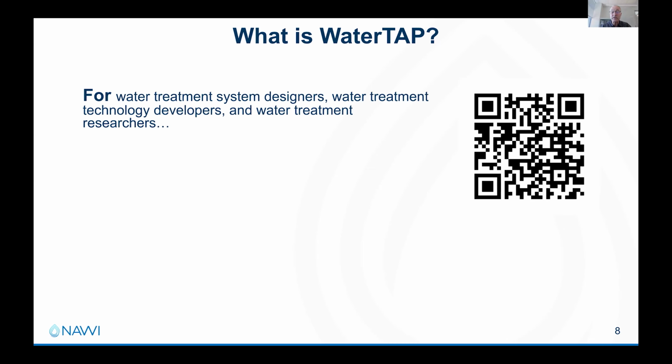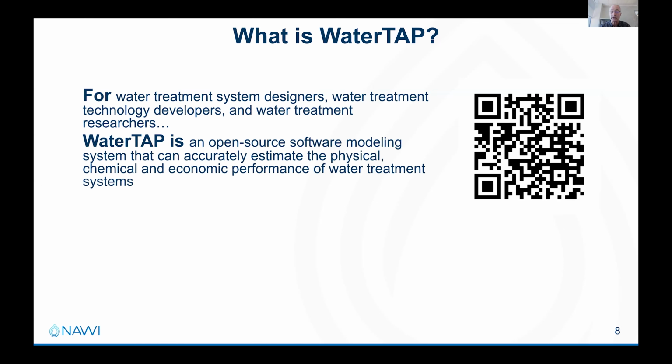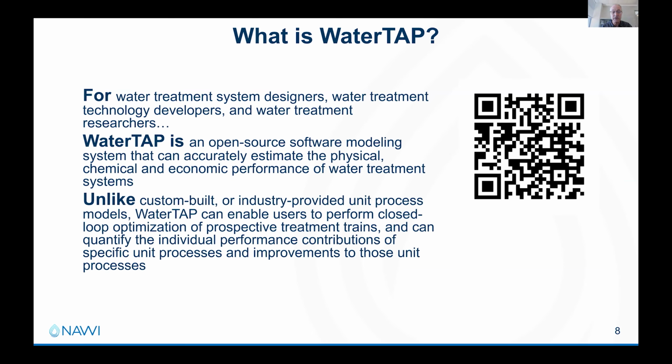For water treatment system designers, technology developers, and researchers, WaterTAP is an open source software modeling system that can accurately estimate the physical, chemical, and economic performance of water treatment systems. Unlike custom-built or industry-provided unit process models, WaterTAP enables users to perform closed-loop optimization of prospective treatment trains and can quantify the individual performance contributions of specific unit processes and improvements to those unit processes. That is what WaterTAP is. That is what we're going to learn about today.